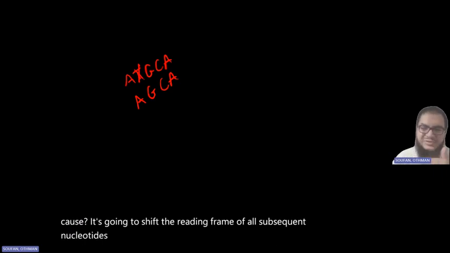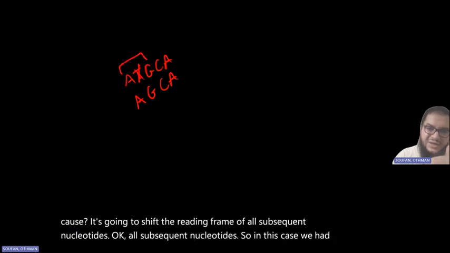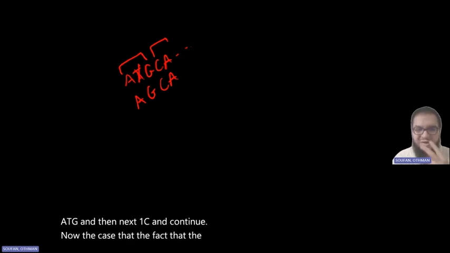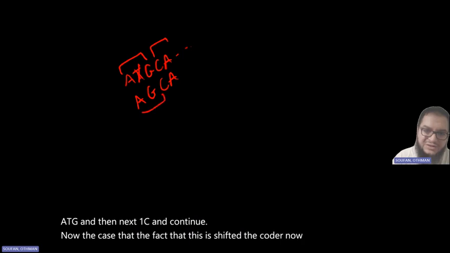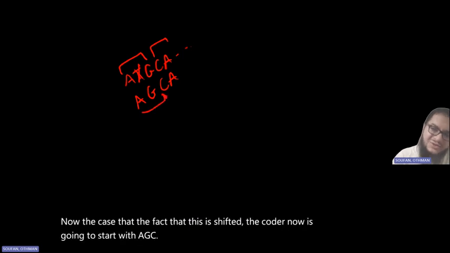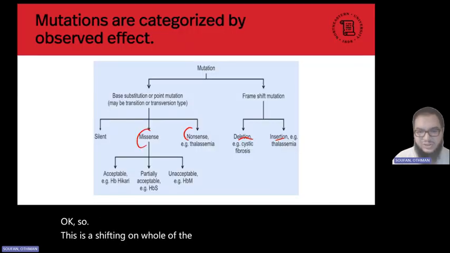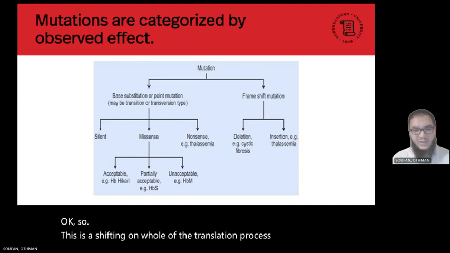In this case, we had ATG and then the next one CA, and so on. Now, because this is shifted, the codon now is going to start with AGC. So this is a shift in the whole translation process.